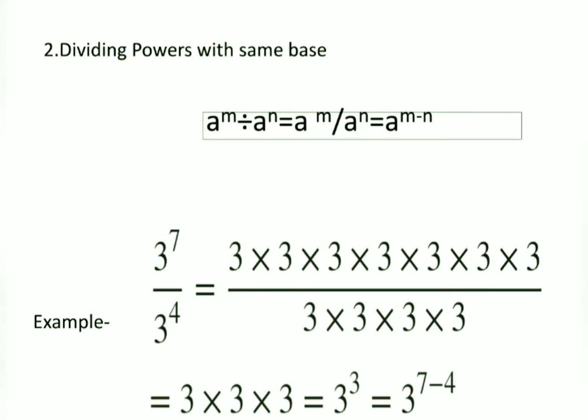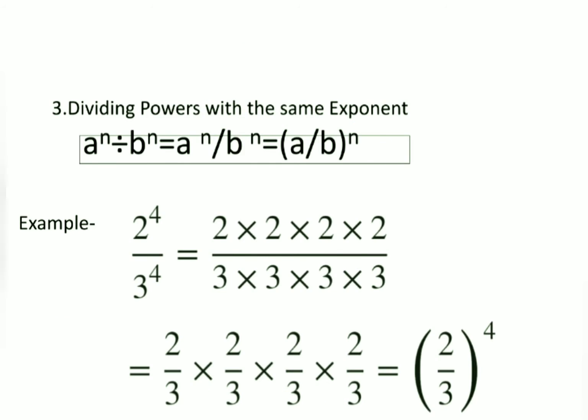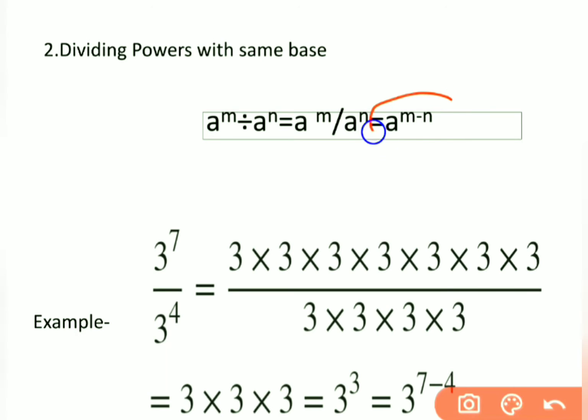In other words, when we divide two exponential numbers, in the result we get the same base but the power is subtracted, meaning the power of the first exponential number minus the power of the second exponential number.